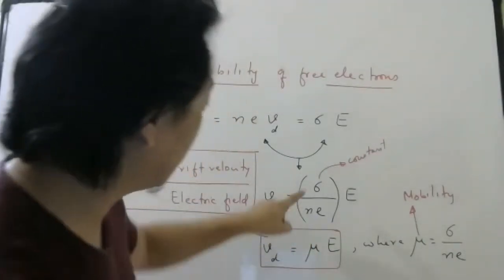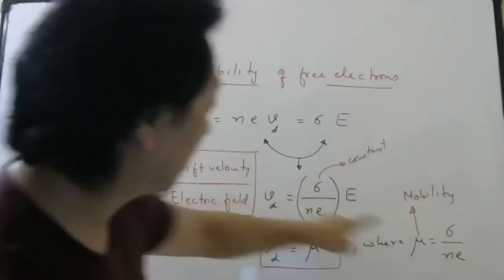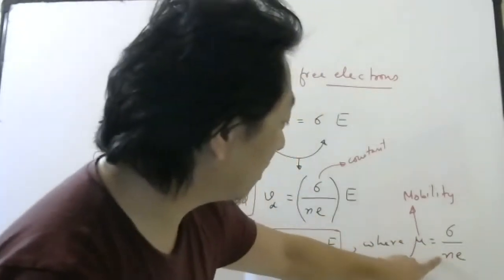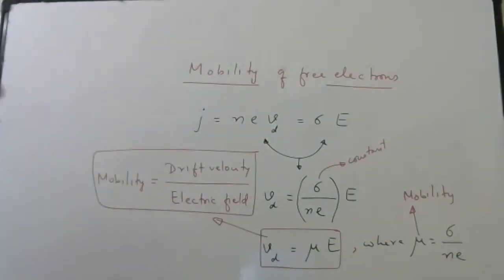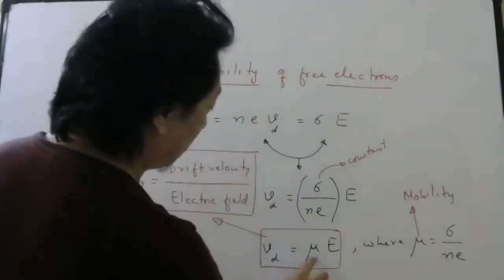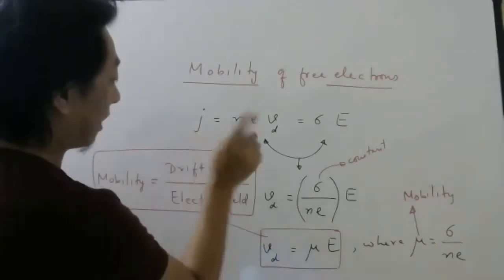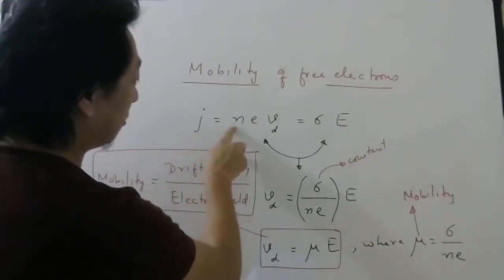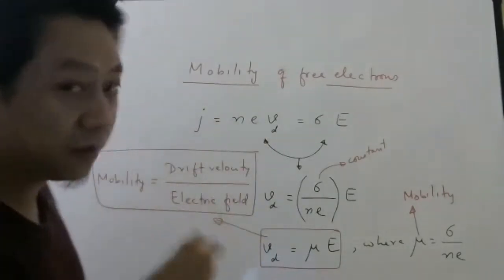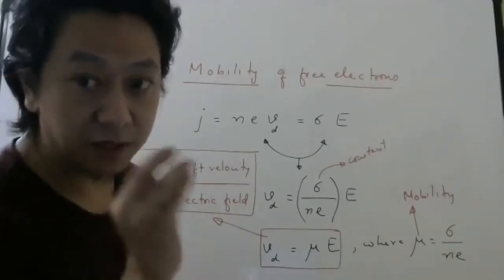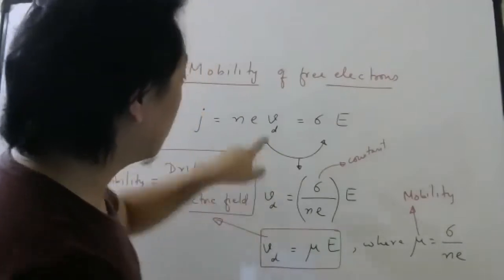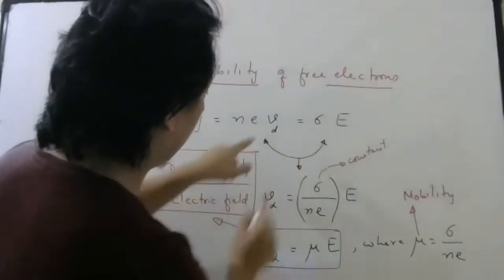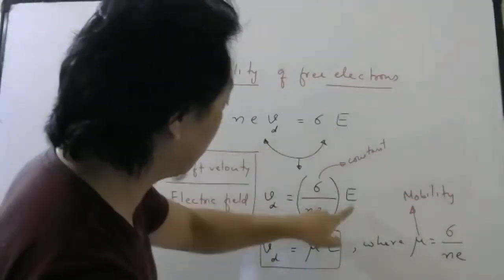So this is the formula for mobility in terms of drift velocity and electric field. But what this mobility actually means is the ratio of conductivity by number density of electrons into charge of electron. See how I have derived this mobility. You know the Janevi formula, J equals to NeVd. Then in vector form of Ohm's law, I wrote J equal to sigma E. So you can relate these two quantities, drift velocity with electric field.